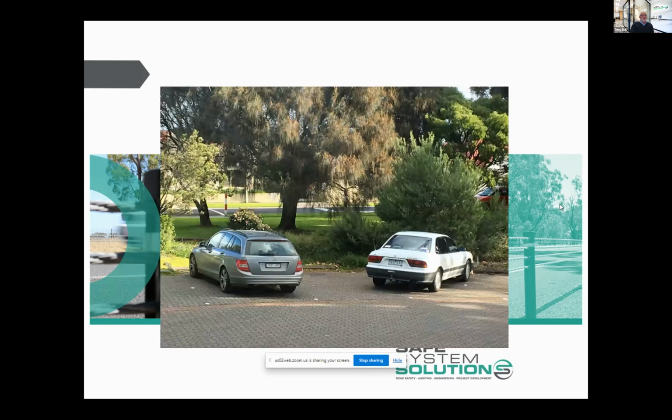And this is an outcome of what was perceived to be a way of line marking or defining where to park your car. But the perception that someone saw, they thought it was 45, someone else thought it was 90. Now this is just a very simplistic view of what people see.